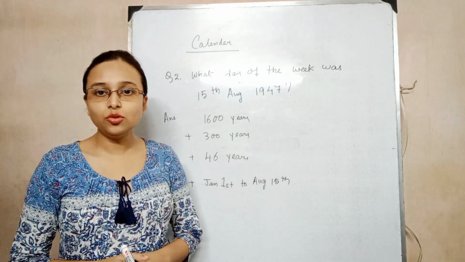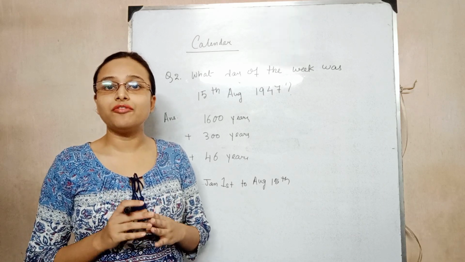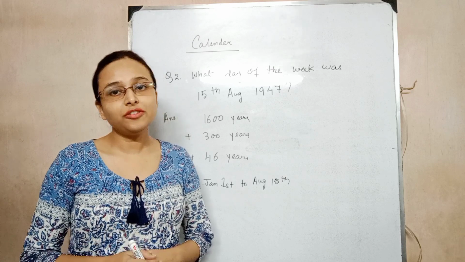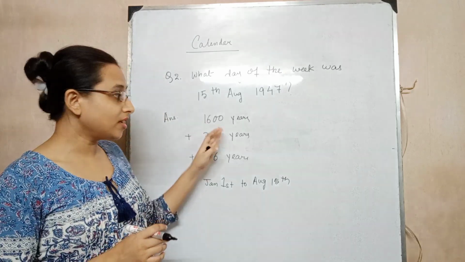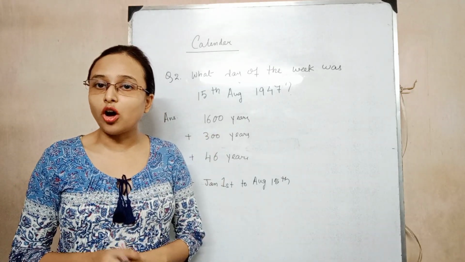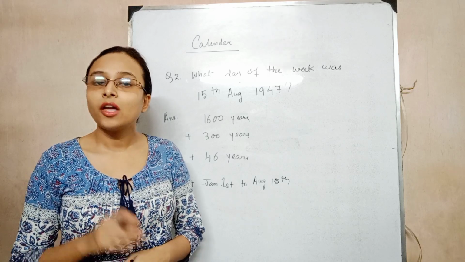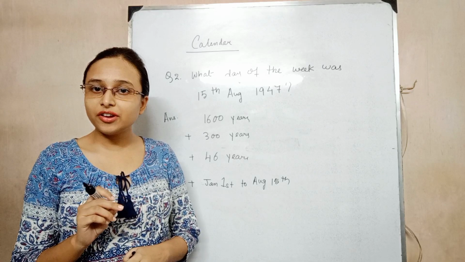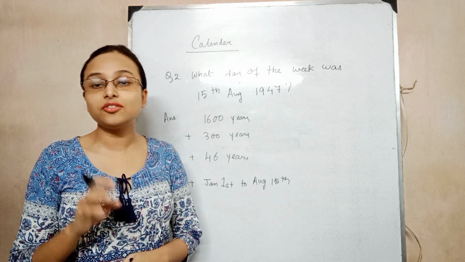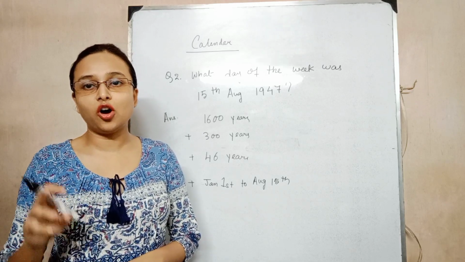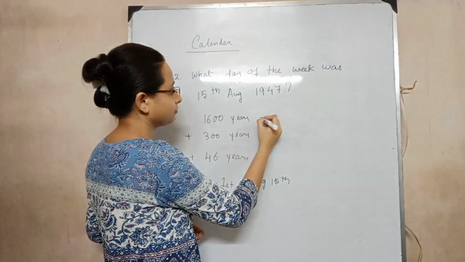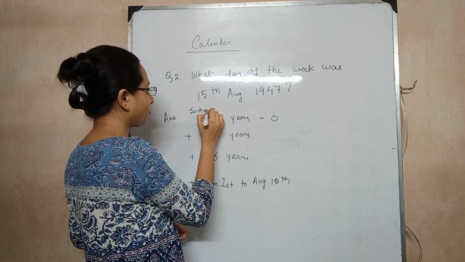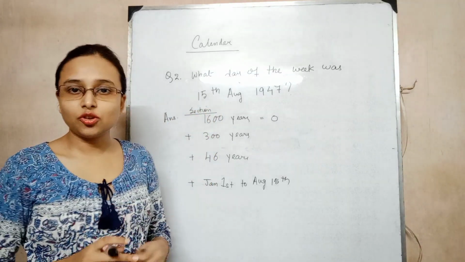Now let's find out the total number of odd days in each and every section. Now the first section. 1600 is a multiple of 400 years. 400 years have 0 odd days. Hence in 1600 years you should be having 0 odd days.